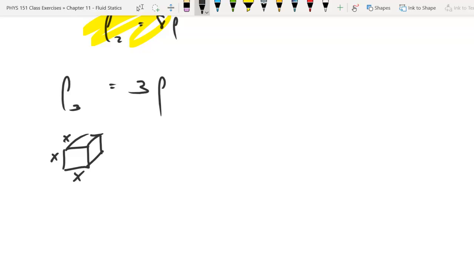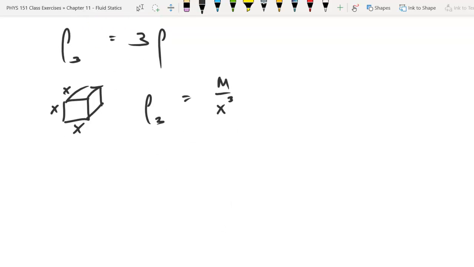Okay, so the density 3 is going to be mass over x cubed, right? So we need mass over x cubed, this new side length cube, to be 3 times mass over L cubed, right? That was our original density there. And we'll divide through by mass, and mass will cancel out.